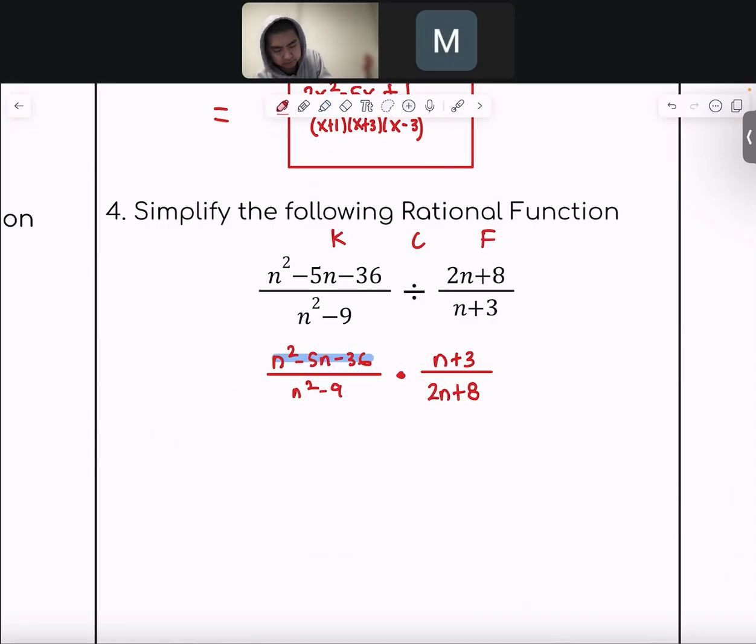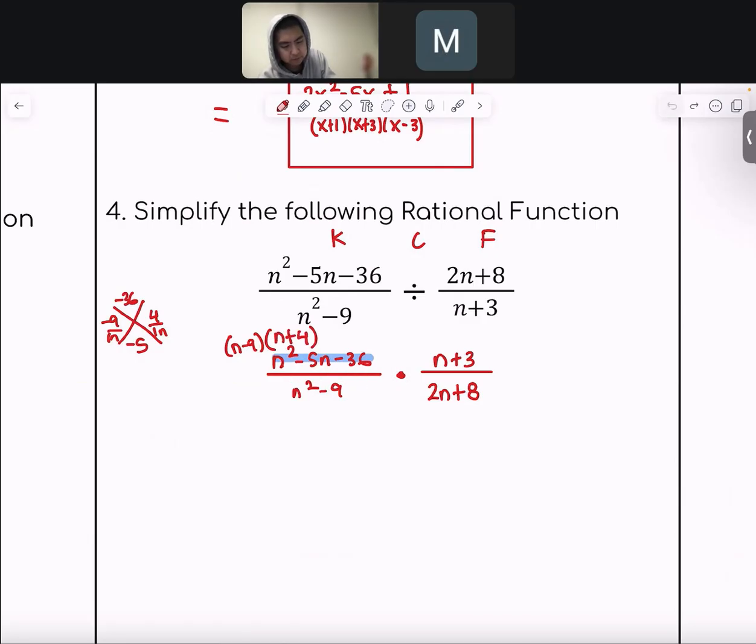We do this by the X method. Negative 12 and, no, what? Negative 9 and 4. 1n, 1n. So this is n minus 9, n plus 4.